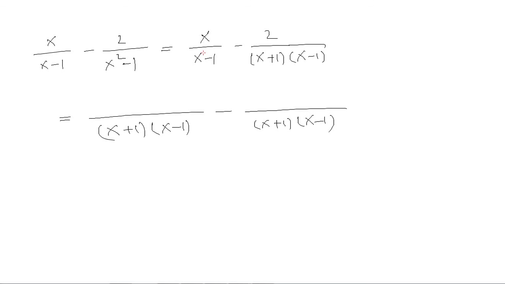So if you see, I had this, and now the denominator has become this one. So what happened? I multiplied x minus 1 by x plus 1. So I need to do the same for the numerator. So the numerator is x, I multiply that by x plus 1.